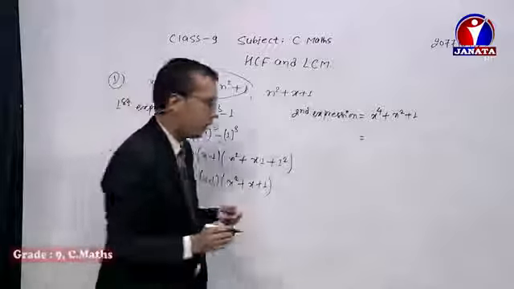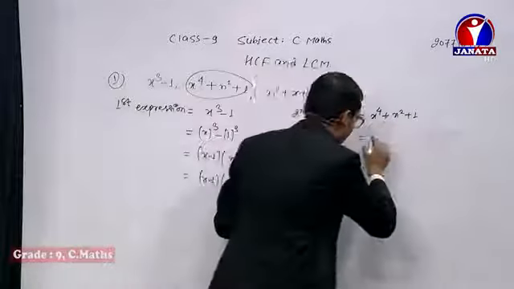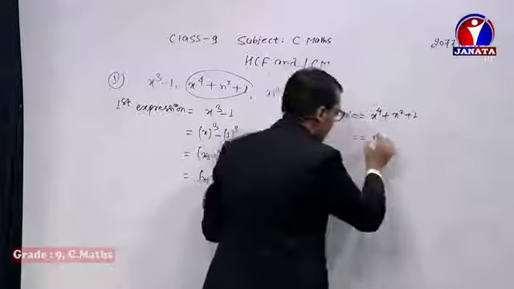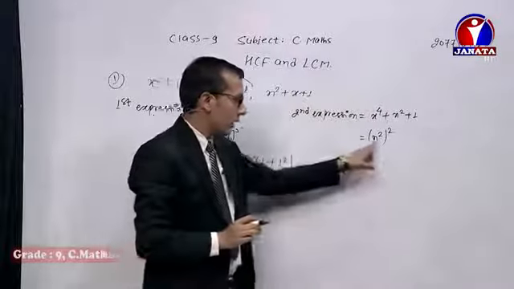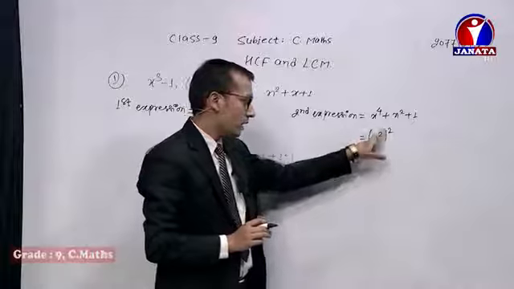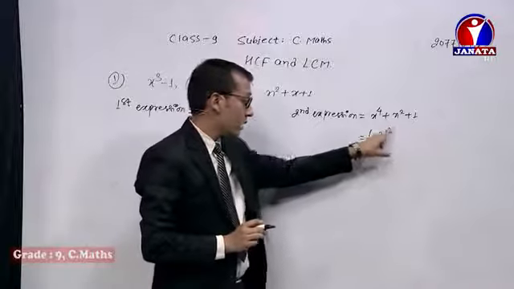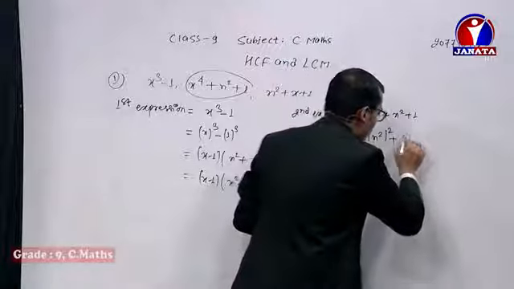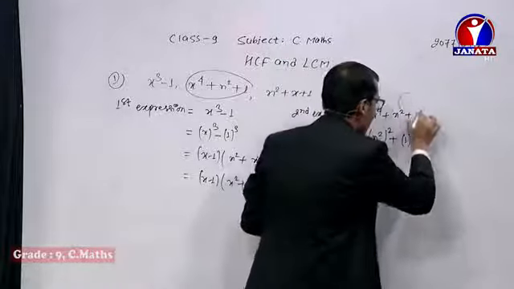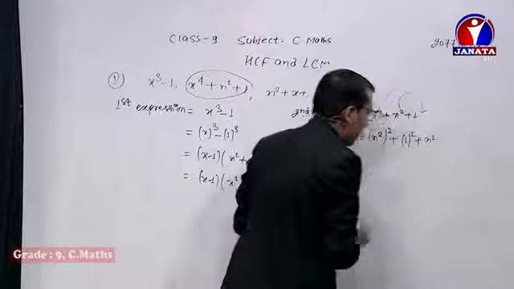We can rearrange the terms here, the first term and third term, and transform like this. x square whole square is x power 2 times 2, which is 4, plus we can rewrite 1 as 1 square, plus the middle term x square, so I am writing it as the third term.